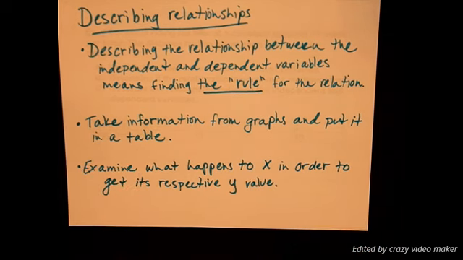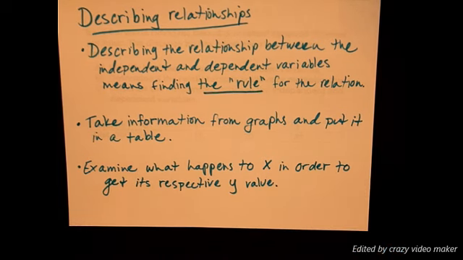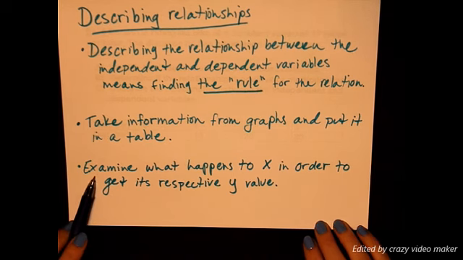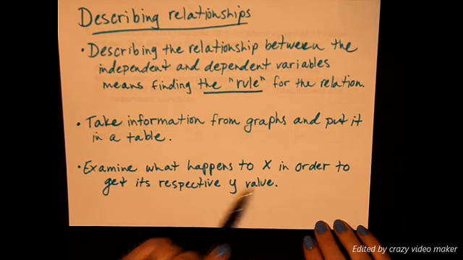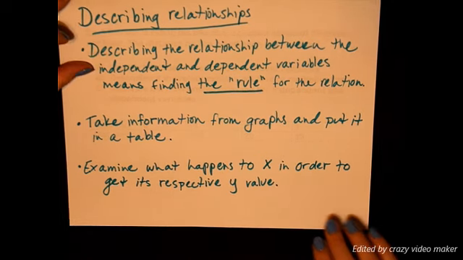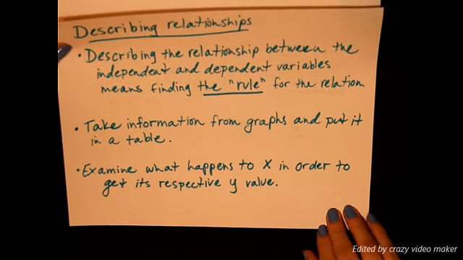So sometimes they'll just give you a graph, and in order to get your rule, you will need to take the points from the graph and put them into a table to look at it that way. And then we are examining what happens to x in order to get its respective y value each time. So we're seeing, am I going to add something to x, or am I going to multiply x by something to get my y? So now we'll do an example.